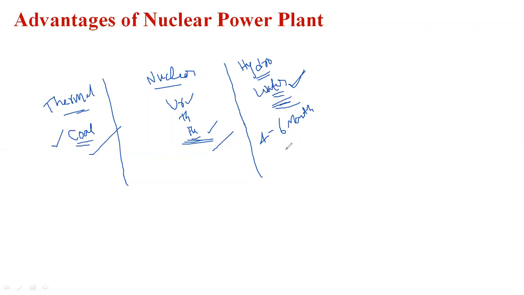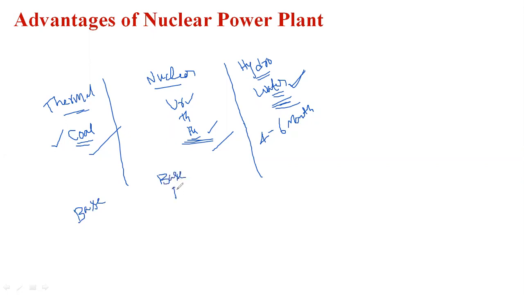Another thing: the thermal power plant is used only as a base load plant; it is not applicable for the peak load. But the nuclear power plant is applicable for both base as well as peak load.